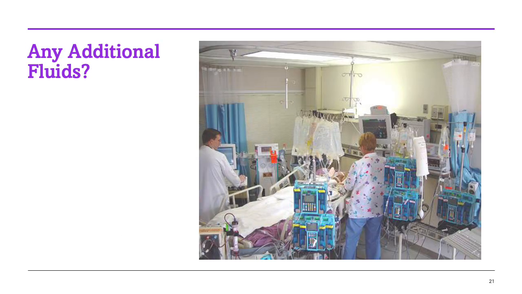Don't forget to account for all of the fluids that are being given outside of the PN. This is especially true in the ICU setting. As you can see here, many patients look like this in the ICU where they have tons of pumps, tons of things going at the same time.